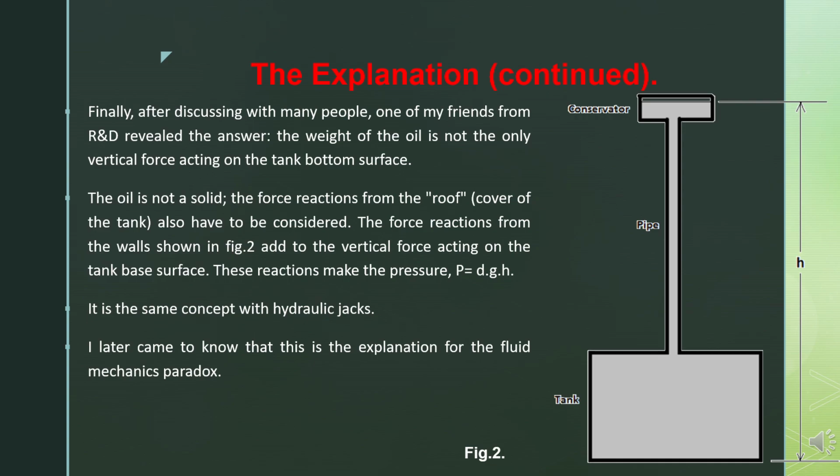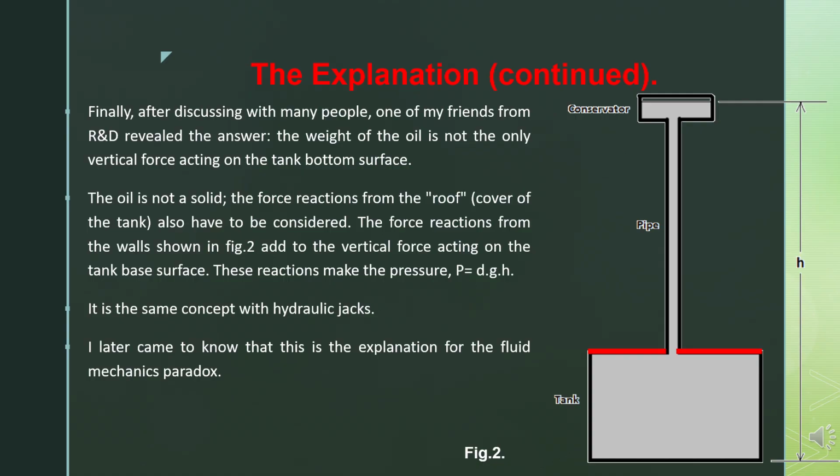For a solid, if you want the average stress or average contact pressure, all you have to do is divide the weight by the supporting area. However, in a fluid, it is not just the force because of the self weight of the fluid. You also have to consider other forces like reaction from the walls.